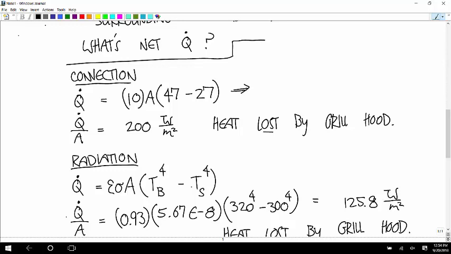Yeah. In both of those cases, yes, I think that's a good way to do it. I think that's a good way to do it with conduction too.